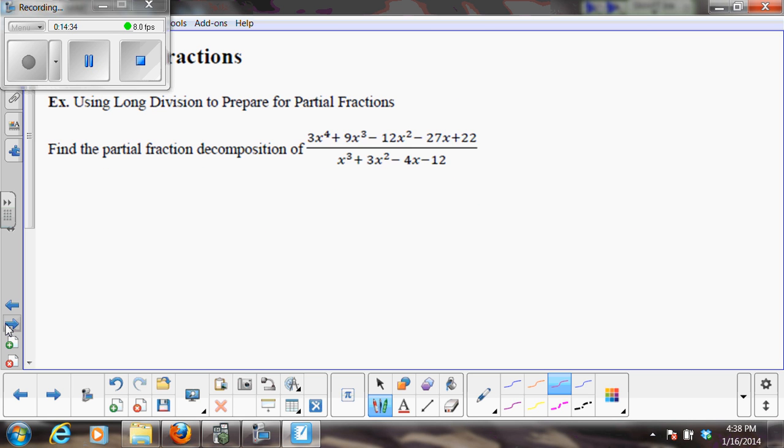Last one. The first thing to do, remember, is to factor to see if anything can cancel.